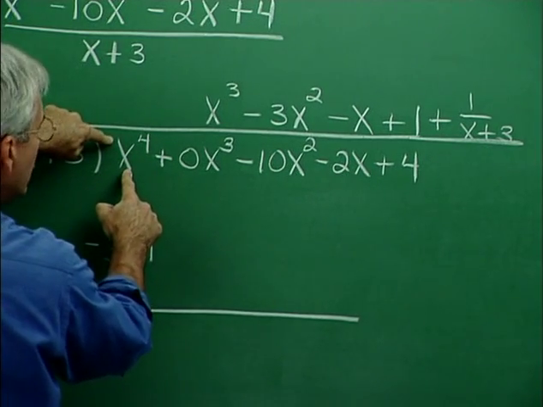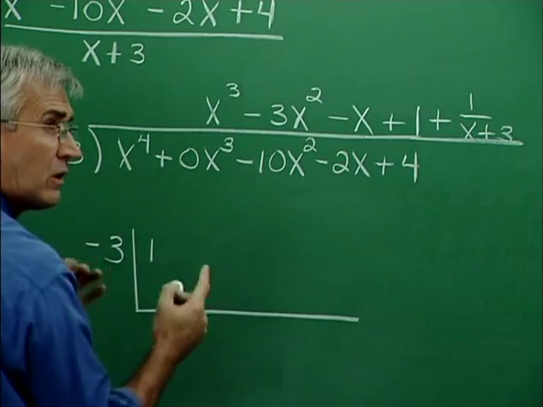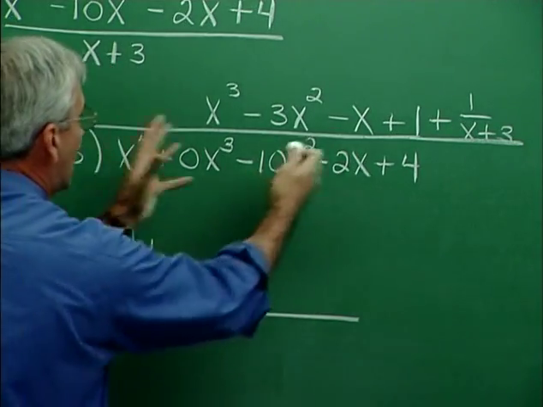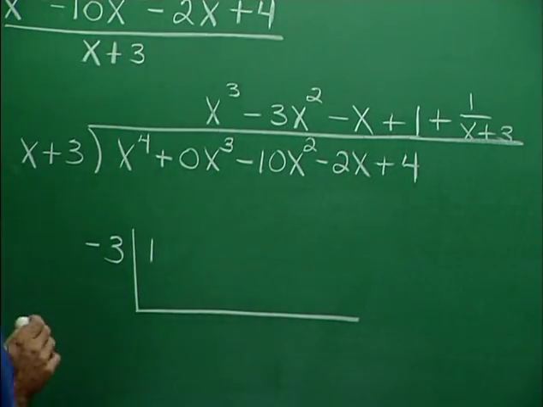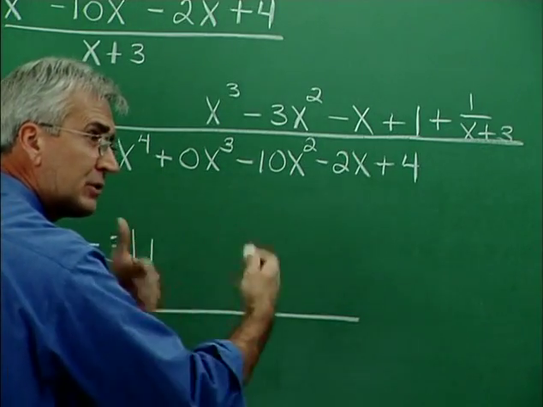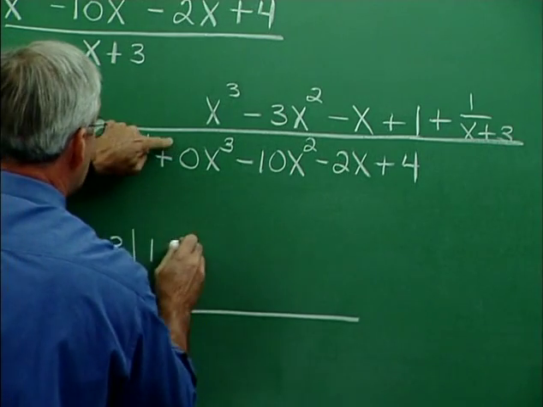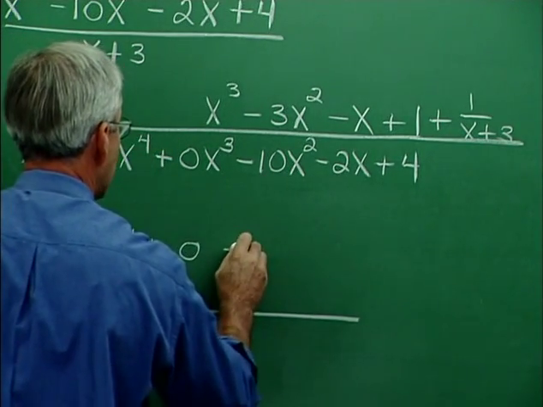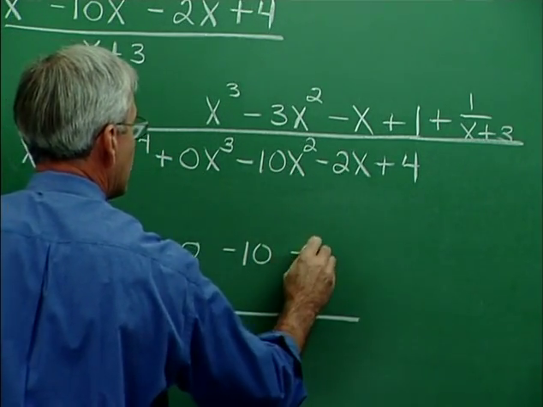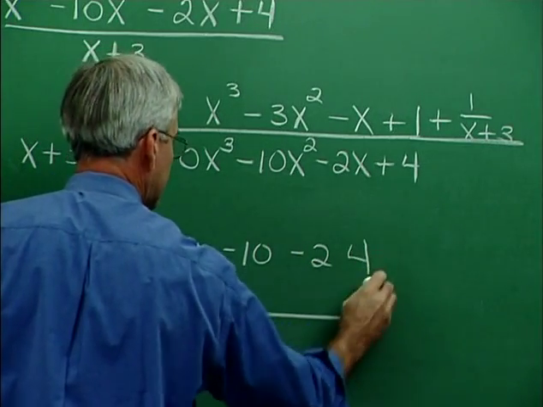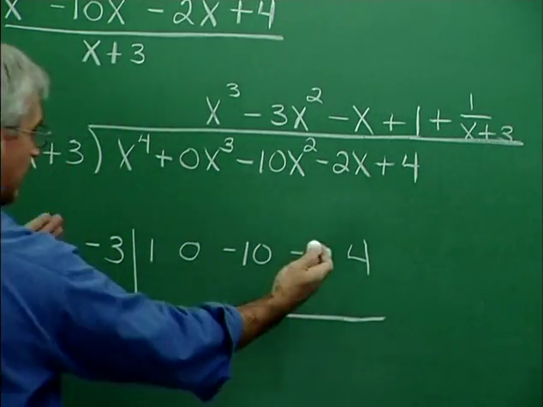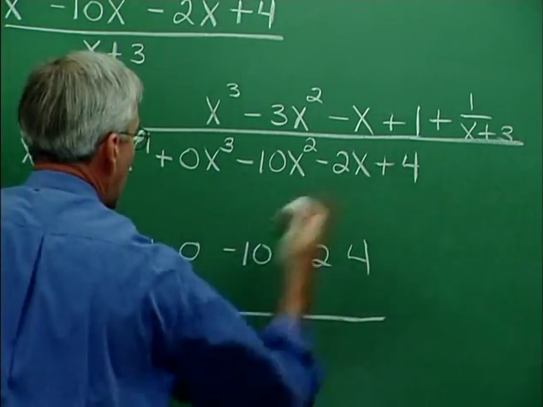You see, we don't really use those variables and their exponents in this process except for lining up purposes, and that's about it. So they're not really active participants in the division process anyway, so we really don't need them. All right, then 0, and then -10, and then -2, and then 4. Okay, so coefficients and constant involved in this polynomial.